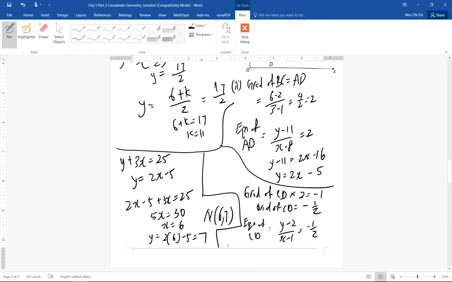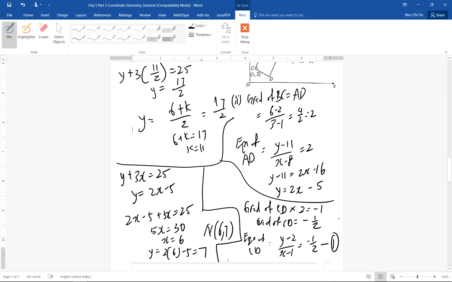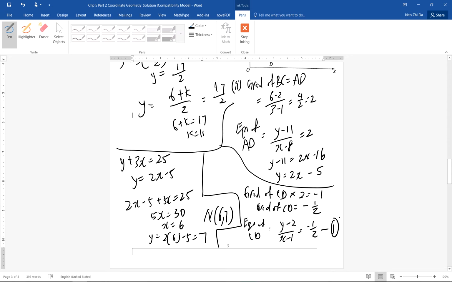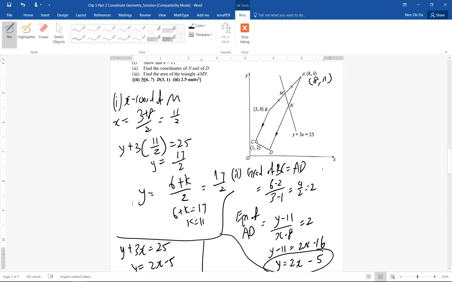Okay, so from here, all we need to do is just find the equation of CD, and this will be simultaneous equation 1. Then you perform intersection with AD. AD is here. And then you will arrive at the coordinates of D. Your answer should be 3, 1.